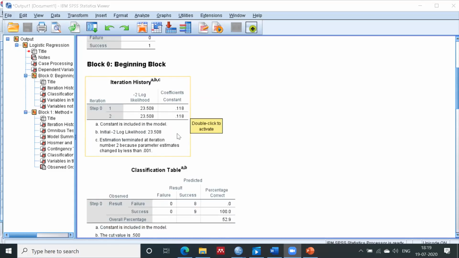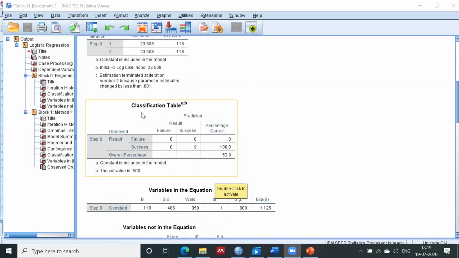There is no rule of significance here. You just keep this value in your mind, 23.508. This is in the form of a statement only. Now, in the second table, the classification table, you see the failure and success criteria.